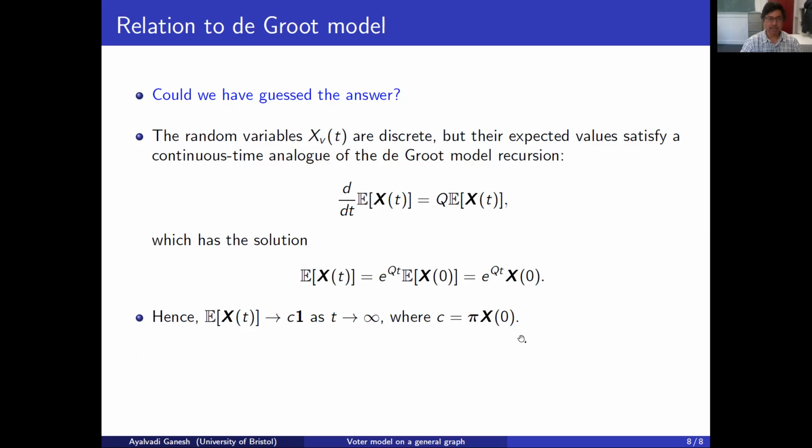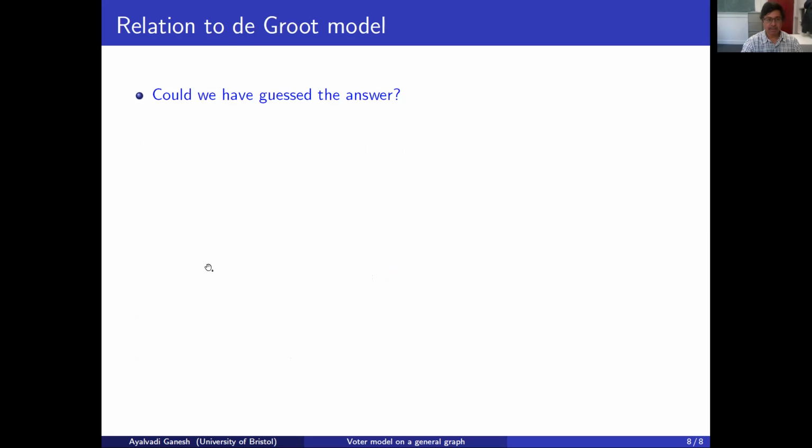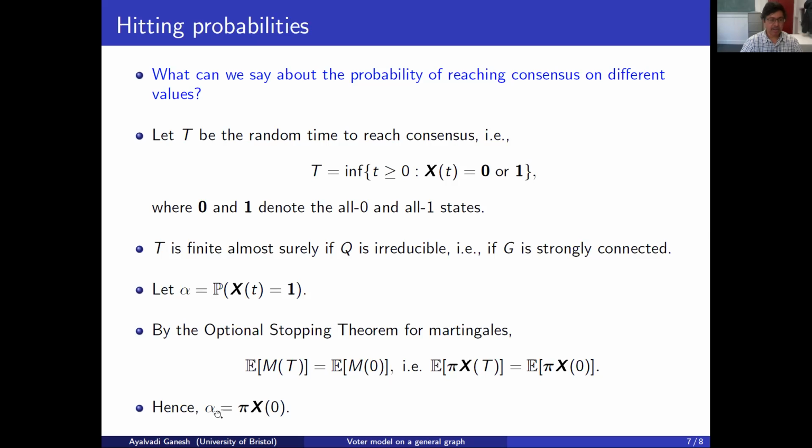What's important is this calculation here of reaching consensus on the all-one state, and the probability of that in terms of the initial conditions is the inner product of the invariant distribution and the initial configuration.